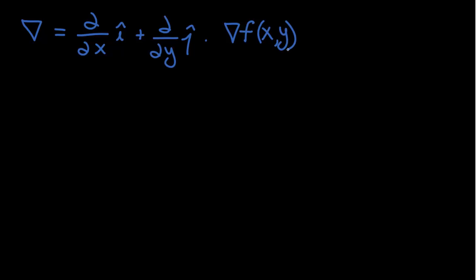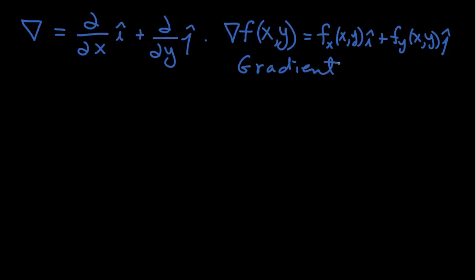In other words, this vector differential operator is going to act on this function. And here's what you're going to get. Let me go ahead and write it out here, like that. And this right here is called the gradient. Okay, so that is the gradient.